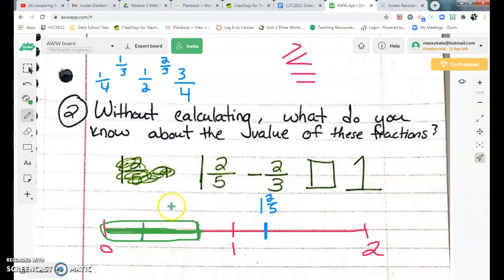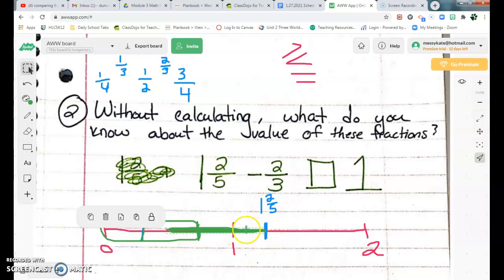So let me see if I can draw it a little bit. Maybe I can select it. Oh, I can. How cool is that? So here's my 2/3. I am going to line it up right next to my 1 2/5.